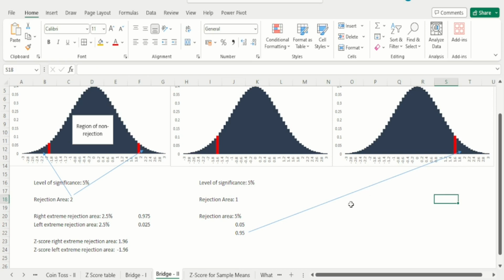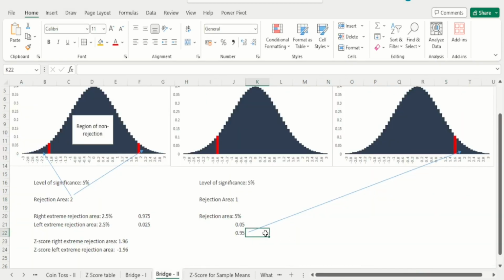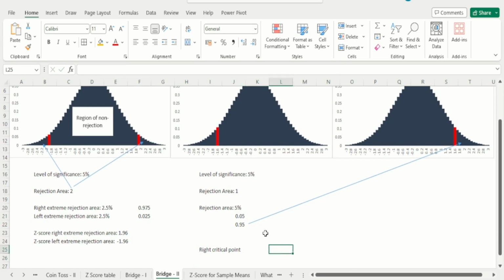And what is the critical point, or the cutoff point? It is 1.64. You see the intersection of 1.6 and 0.04 is this number. So let's call it the right critical point, and the right critical point is going to be 1.64.